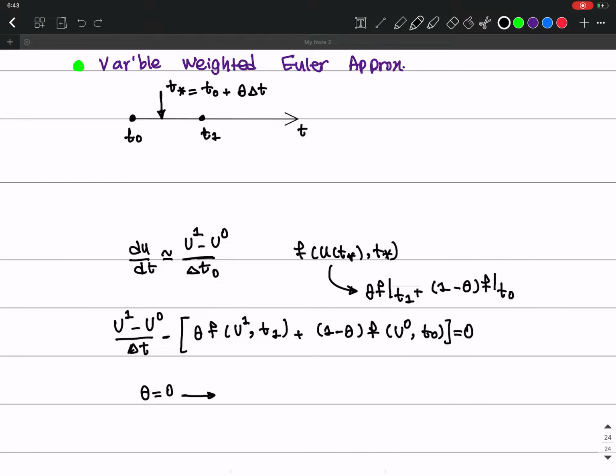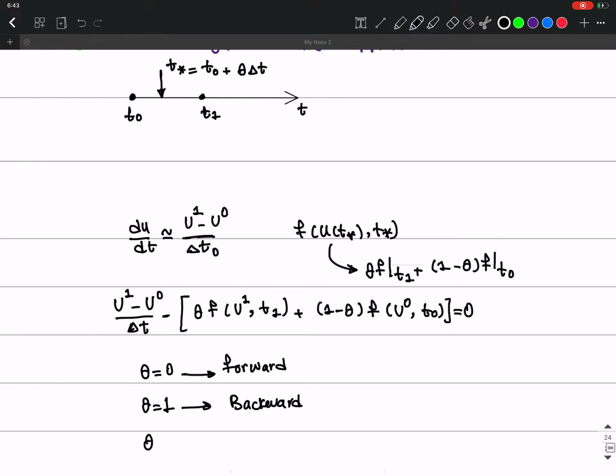So we are gonna have a forward method. Okay, if theta is 1, this is gonna be 0, and then we are gonna only have this one, and so this is gonna be a backward method. And if theta is in between, for example, 1/2, these are the new ones, which we didn't have before.